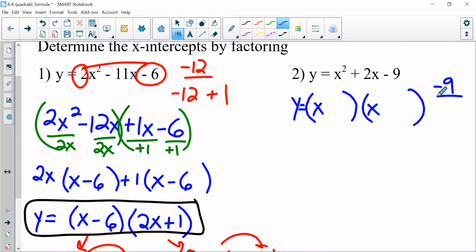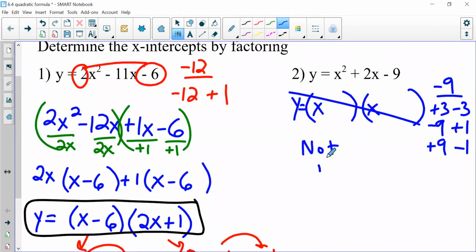Okay, 3 times 3, and because it's negative, it has to be a plus and a minus. What else? Yeah, 9 and 1. Do any of those work? Okay, because this one is not possible to be factored.